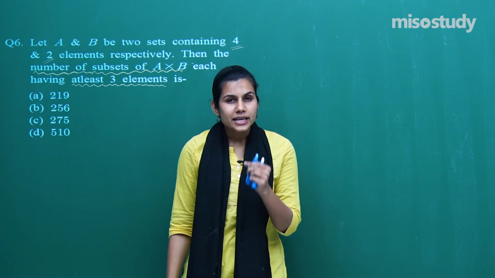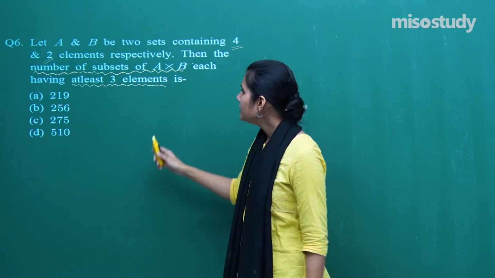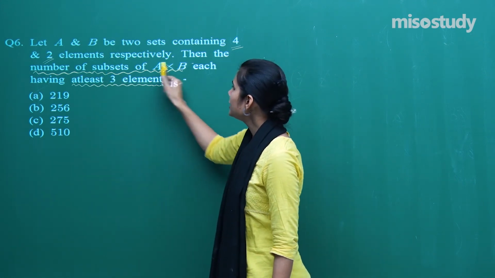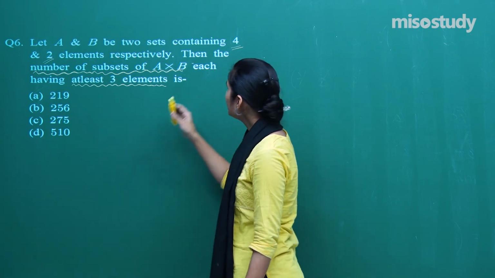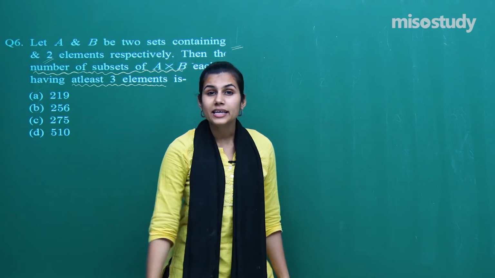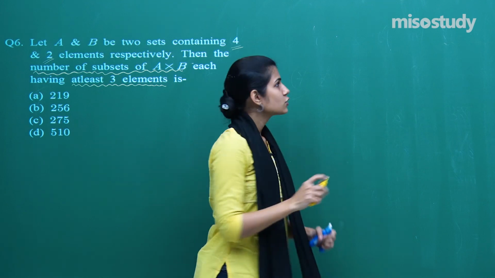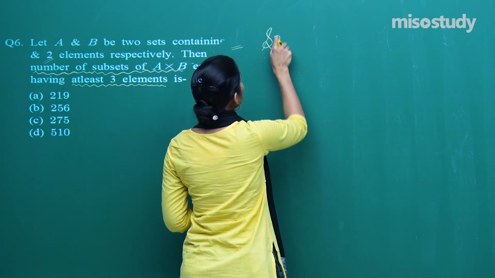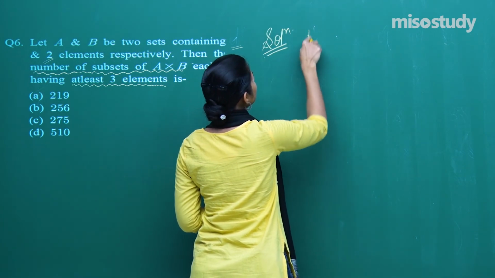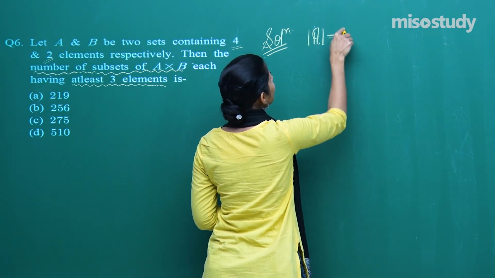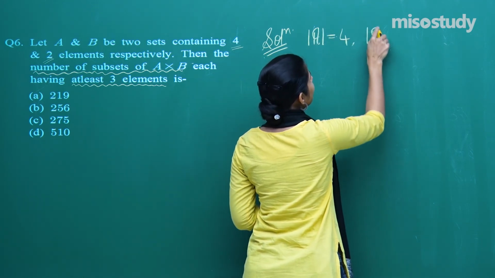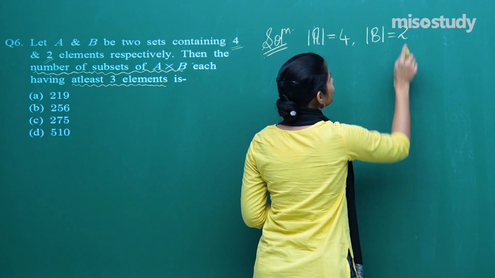I am basically trying to understand something about subsets of A cross B when given A has 4 elements and B has 2 elements. This question is trying to give us the information that cardinality of A is 4 and cardinality of B is 2.